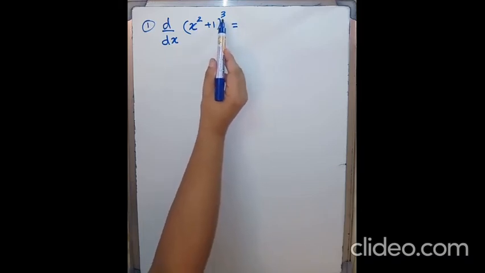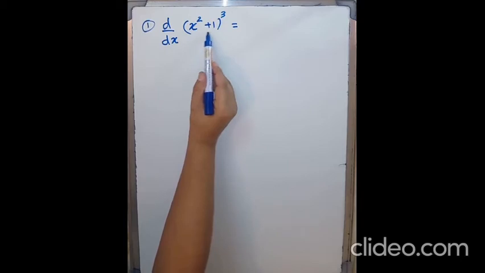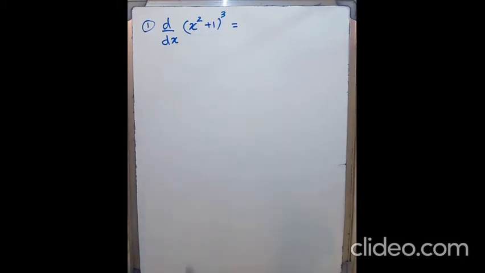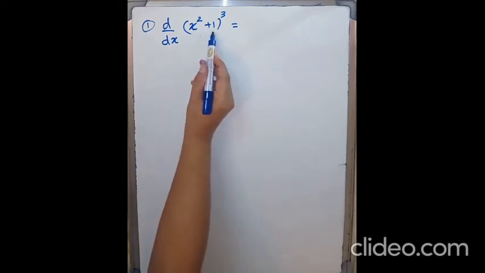So this power 3 function or the cubic function is operating on x square plus 1, that is the quadratic function. So clearly this is a composite function. Now in substitution method we were putting x square plus 1 as t.